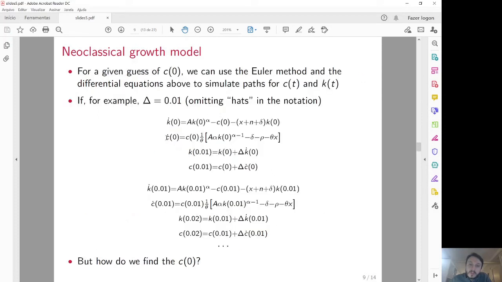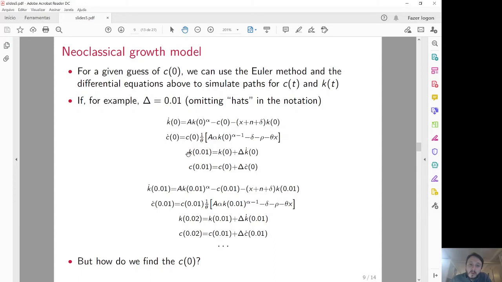So we can compute C dot 0 as C0, which is the guess that we made, times 1 over theta, F prime of K0, and the parameters. So we have K dot 0 and C dot 0.